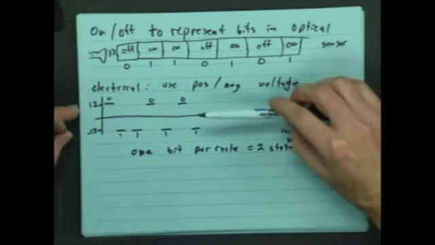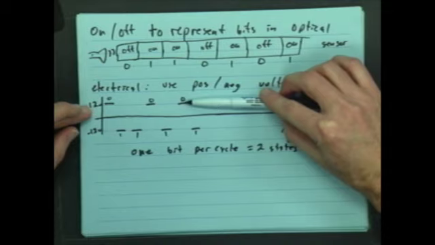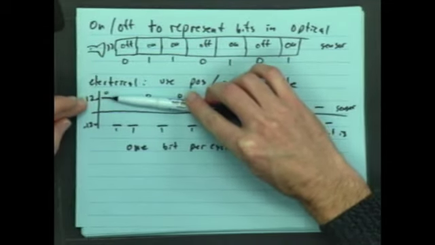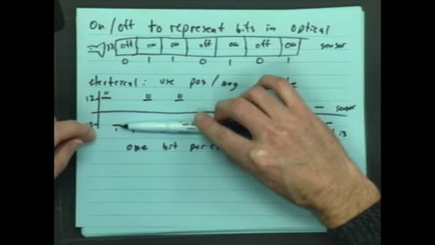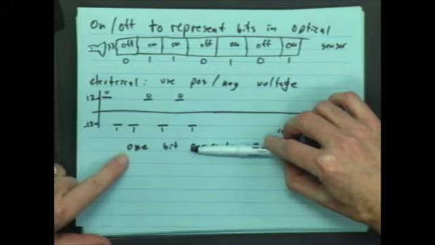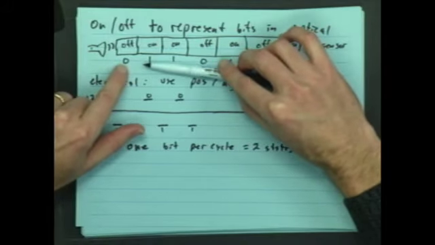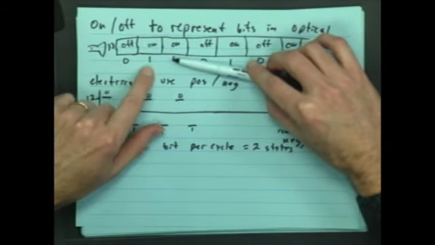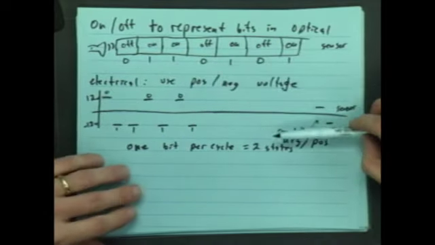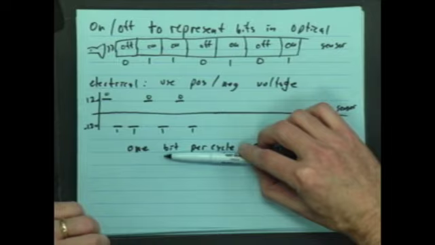So do you see how there are 2 what we would call states of the medium? My signal can be a positive voltage or a negative voltage. That's 2 states, and I can send 1 bit per cycle. The light's the same way. It can be off or it can be on. So there are 2 different things the light can do, off or on. Therefore, I can send 1 bit at a time.